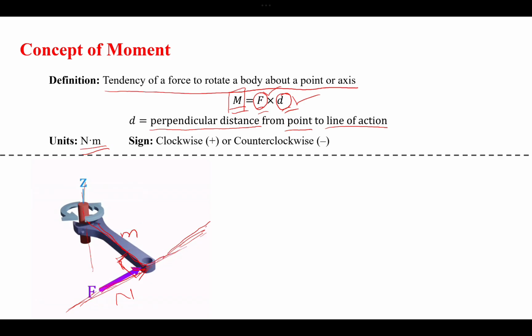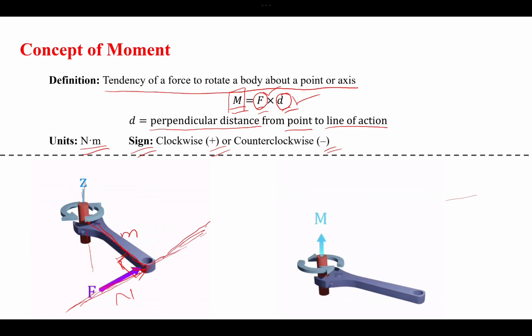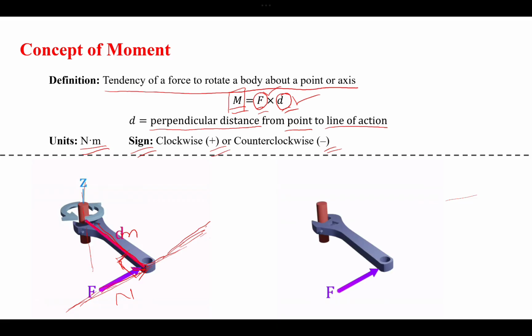Now as for the sign, sometimes the moment will be positive, sometimes it will be negative, but the sign convention that we will use in this course is, when the rotation is clockwise, we will take it as positive. When the rotation is counterclockwise, we will take it as negative, only because the direction is opposite. And to get the direction of the moment, we can use the right hand rule.